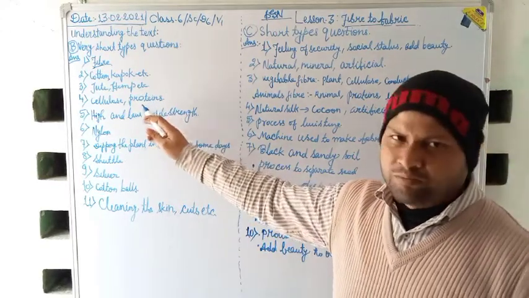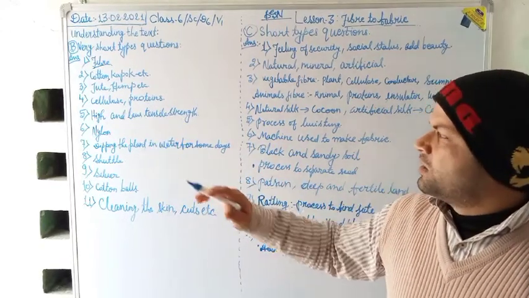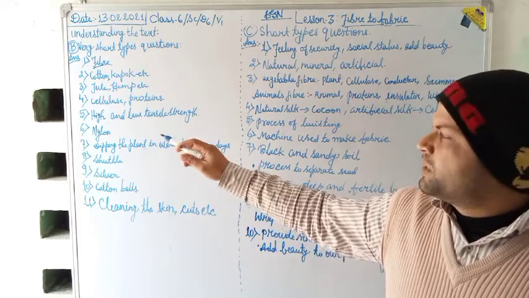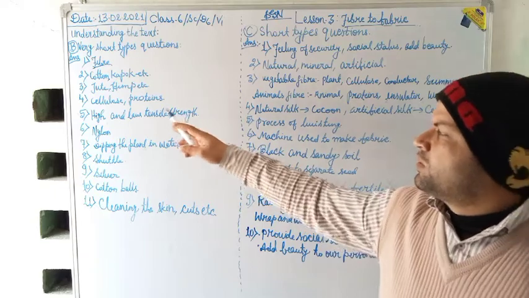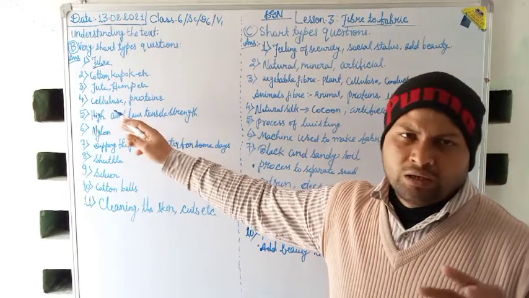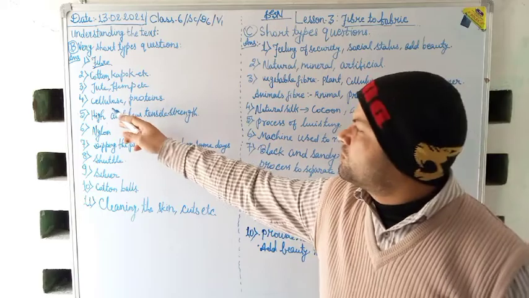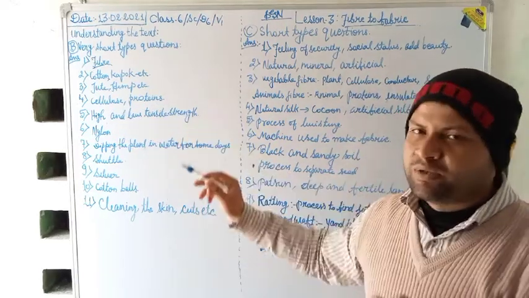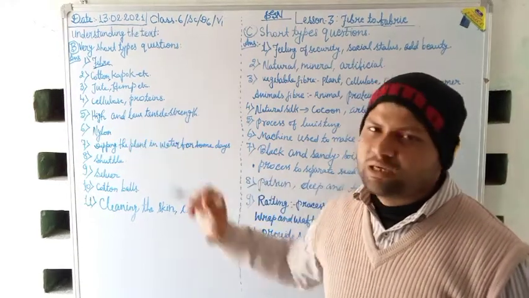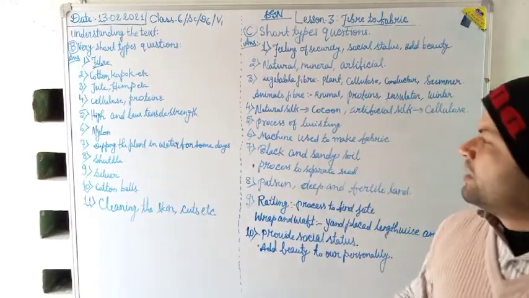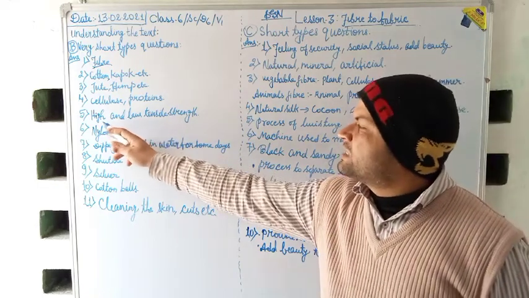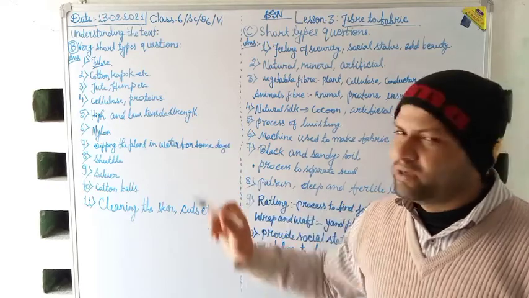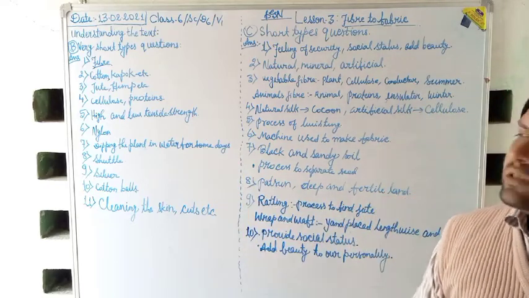In the previous question I repeated question number 4 in place of question number 5. Vegetable fiber is obtained from cellulose, and animal fiber is made up of proteins. And here is the difference between synthetic and natural fibers. Synthetic fibers have high tensile strength, and natural fibers have low tensile strength. So these are the two basic differences between natural and synthetic fibers.